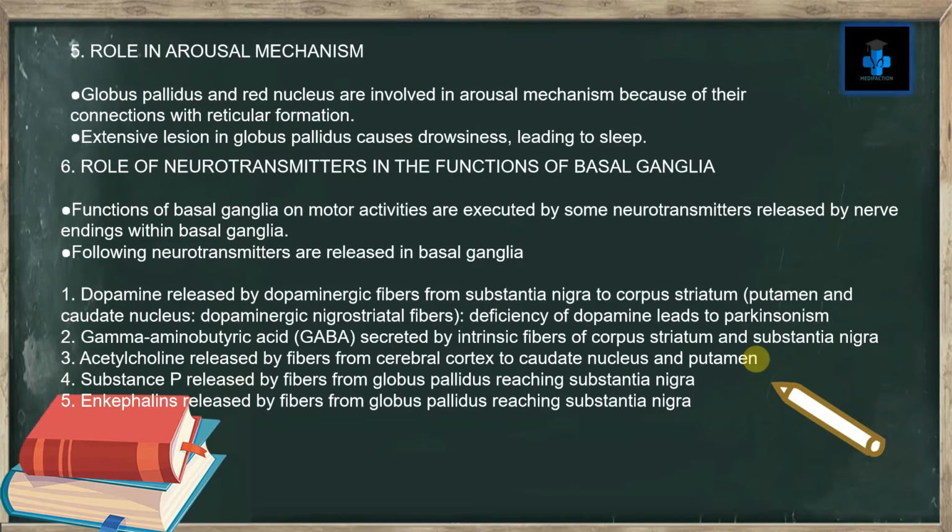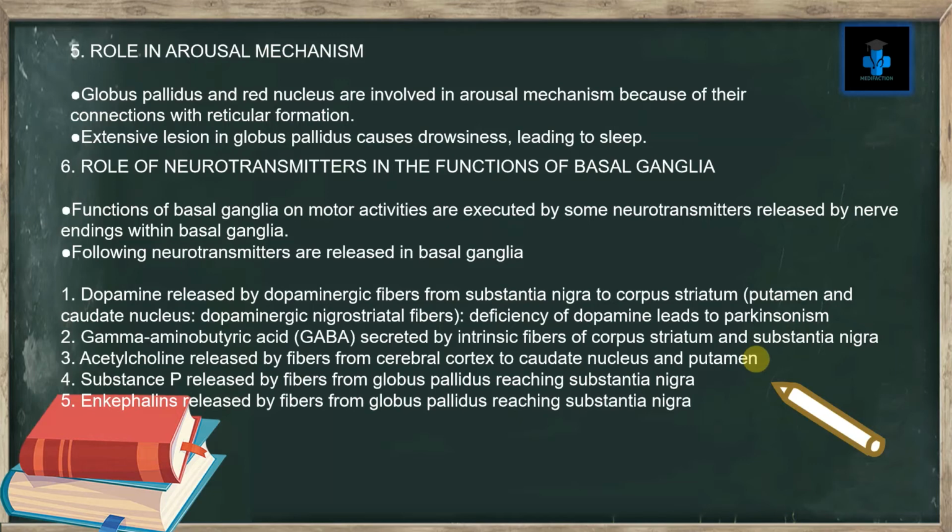Number 2 is gamma aminobutyric acid, otherwise GABA, secreted by intrinsic fibers of corpus striatum and substantia nigra. GABA is an inhibitory neurotransmitter. Number 3, acetylcholine, released by fibers from cerebral cortex to caudate nucleus and putamen. Number 4, substance P, released by fibers from globus pallidus reaching substantia nigra.